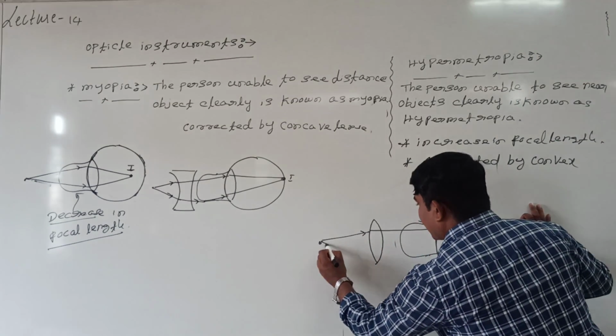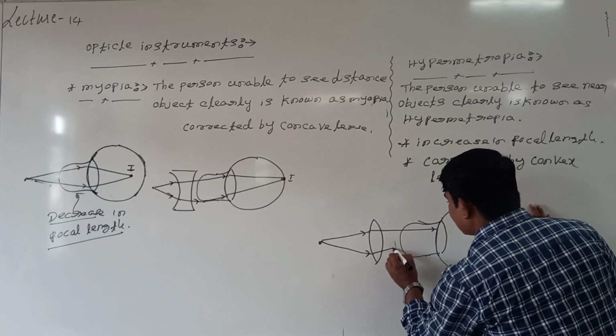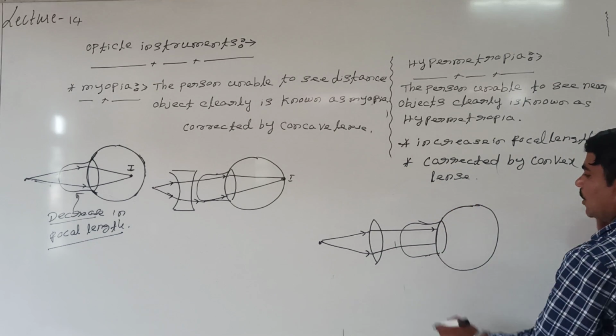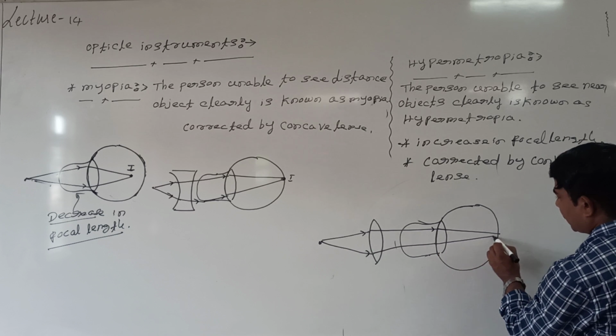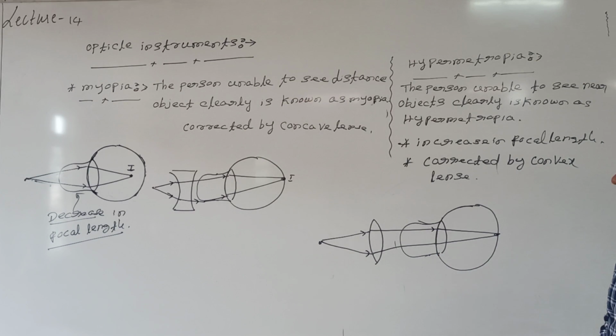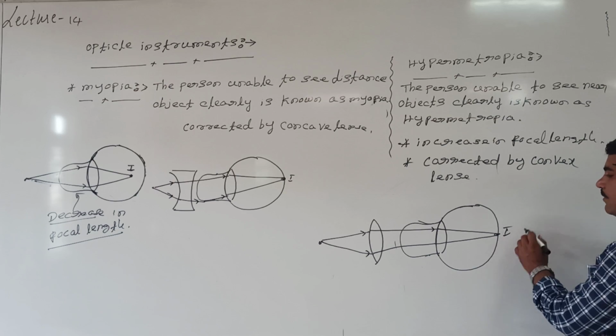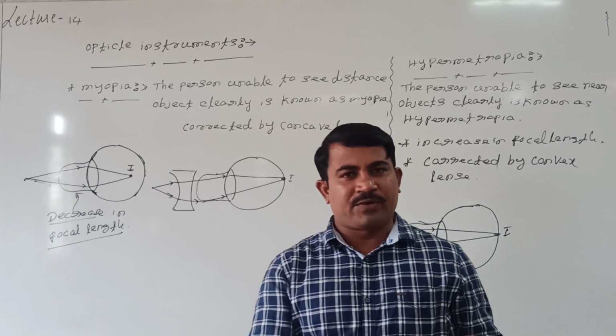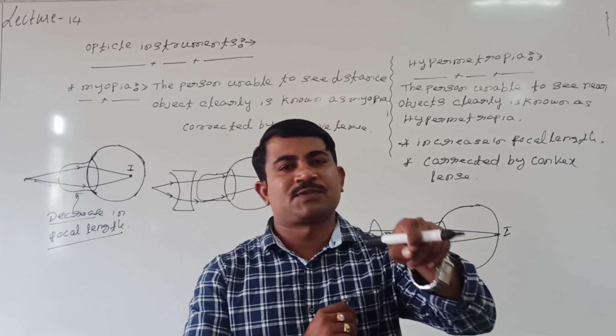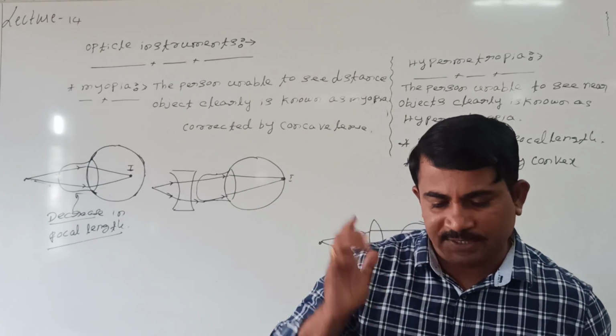Similarly, one more ray of light incident on the lens again converges like this. After passing through the eyeball, the ray of light converges at this point. So the image appears exactly on the retina. So hypermetropia, where the person is unable to see near objects, is corrected by a convex lens.